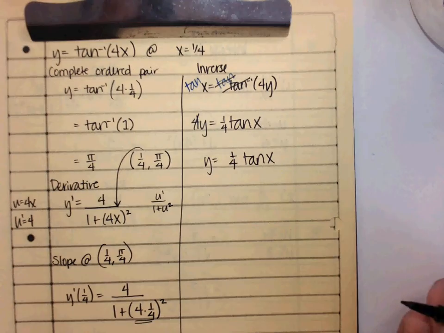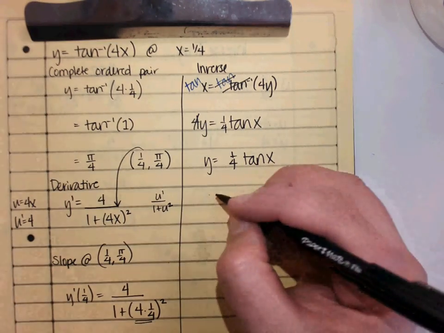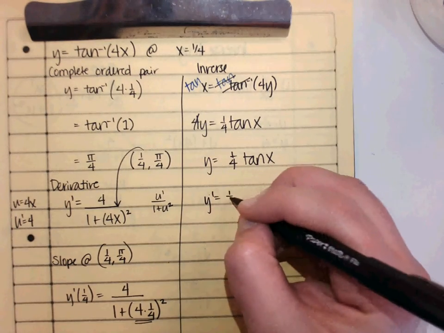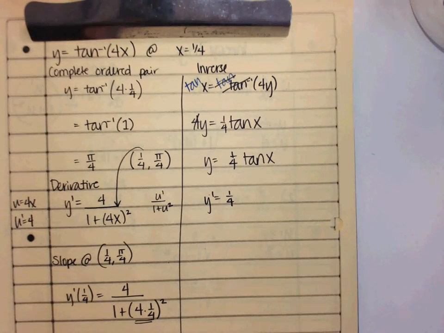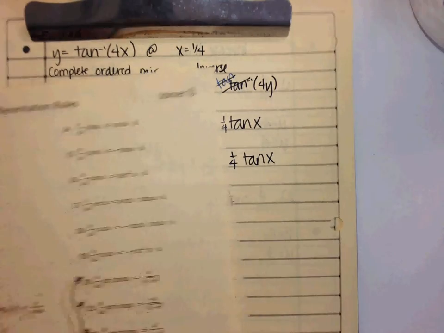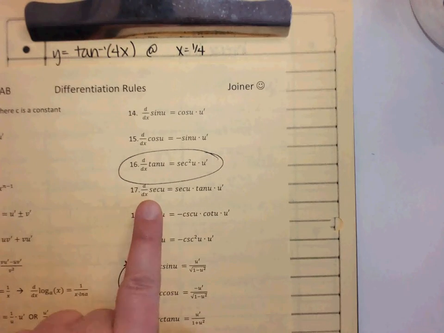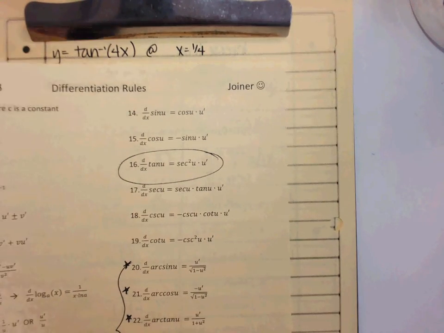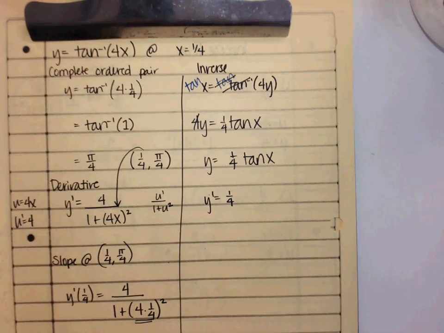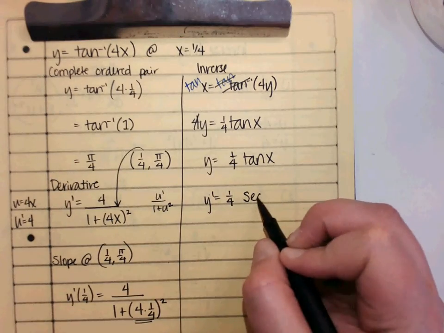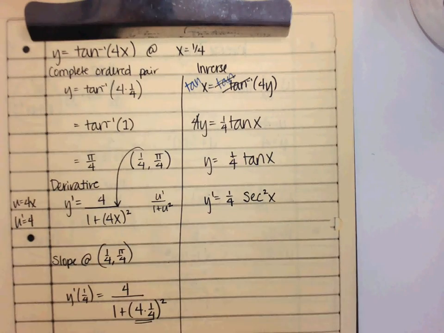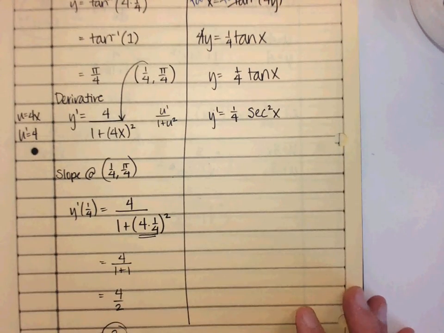Your derivative sheet is out. What's the derivative of tan x? What's the derivative of tan? Secant squared. Now, this is the chain rule, but if it's just the x, I don't have to worry about that. So the derivative of tan is secant squared. And then what value am I plugging in?